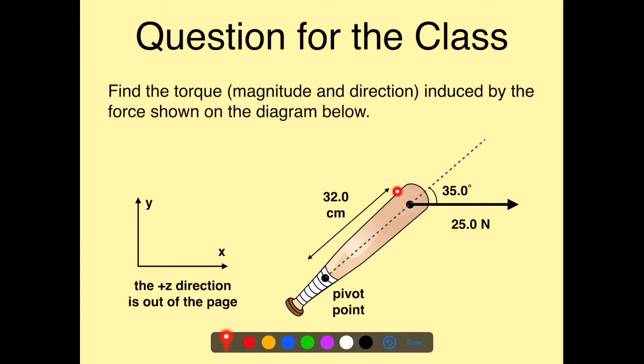And the distance between those 2 points is given, the amount of force is given, and the angle here is also given. We're going to use the same coordinates as before. We have x and y in the plane of the page, and then plus z is coming out of the page. So find the magnitude of this torque and the direction of this torque. See what you get? Pause the video and come back to it when you have your answer.